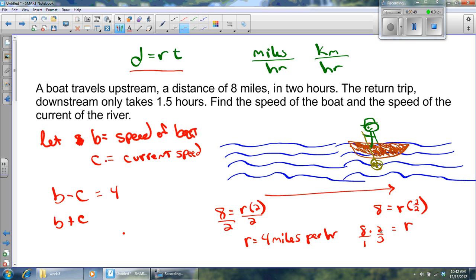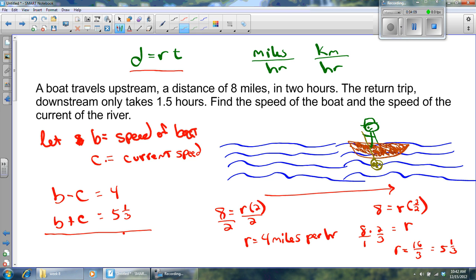I'm not afraid of it. So we're going to get 16/3. So the rate downstream is going to be 16/3, which is the same as 5 1/3. And I'm going to go ahead and leave that as 5 1/3.